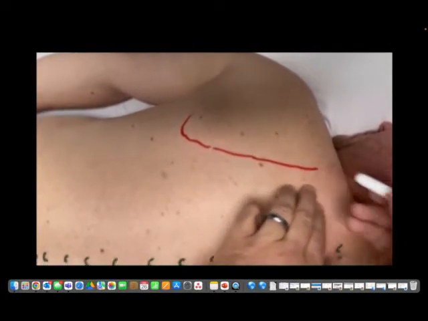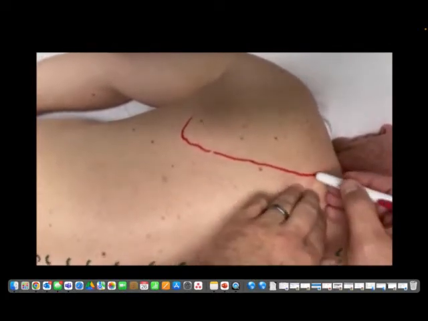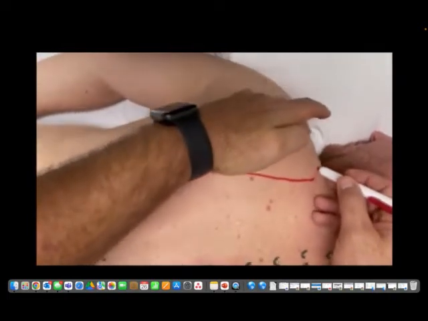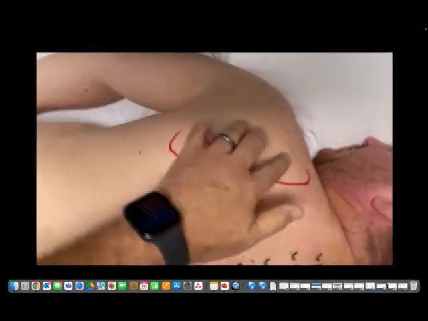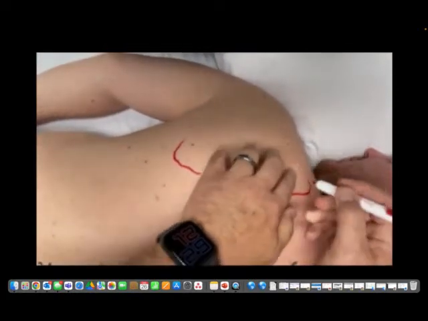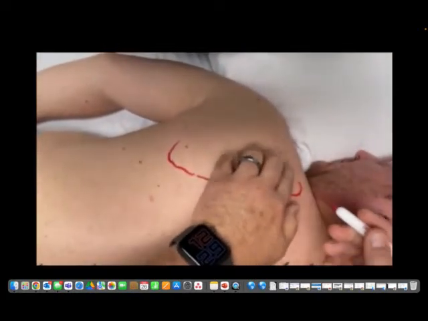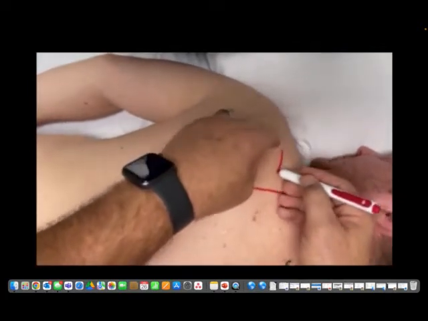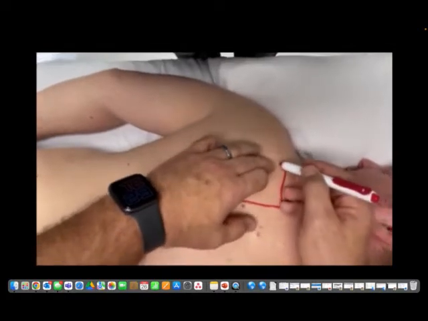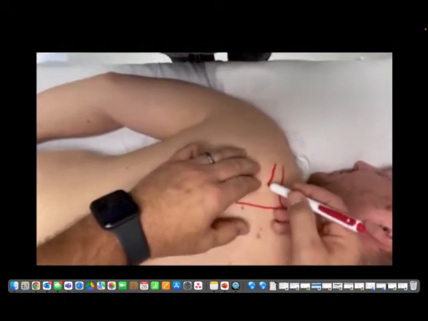Superior border dive is a little bit deeper, so a little bit more challenging to palpate there. But there we have coming up and over. Another area we want to look at is the more caudal piece of the spine of the scapula as it dives into the root of the spine of the scapula.